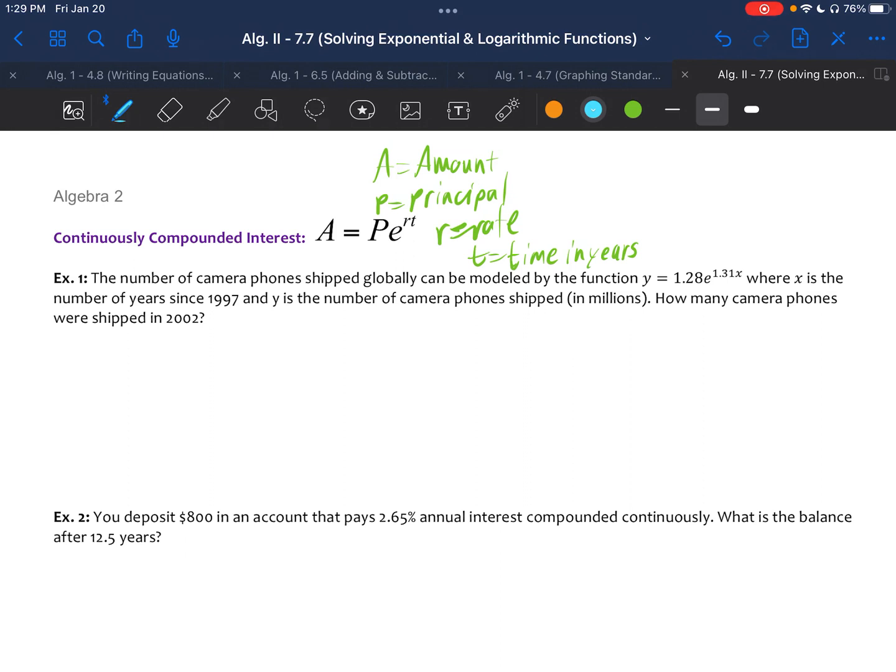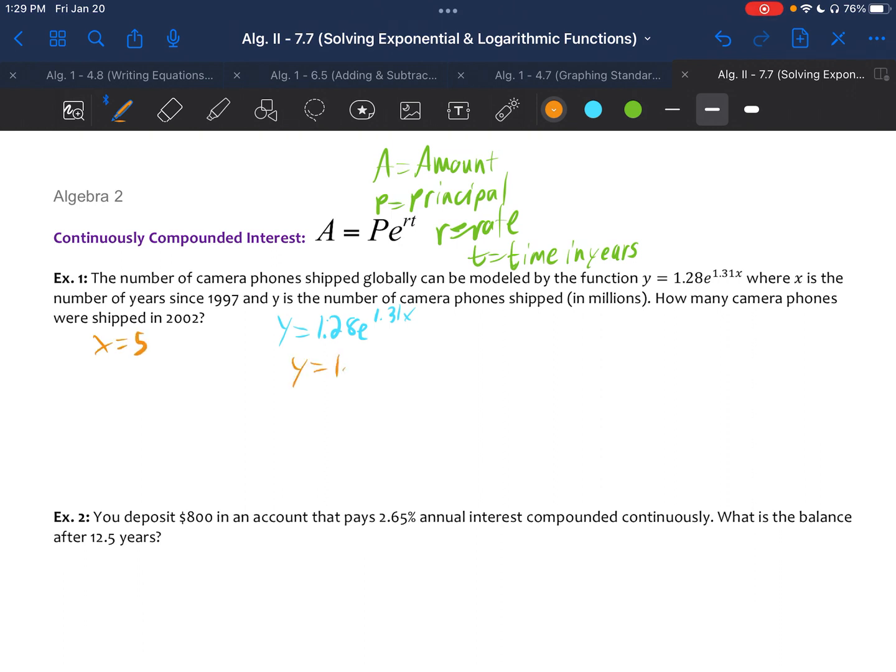So here we're not having to set up the equation, it already gives it to us. y equals 1.28e to the power of 1.31x. It says how many camera phones were shipped in 2002, so we need to solve for y, which is the amount, by plugging in x for the time. How many years has it been since 97? If it's 2002, it has been 5 years.